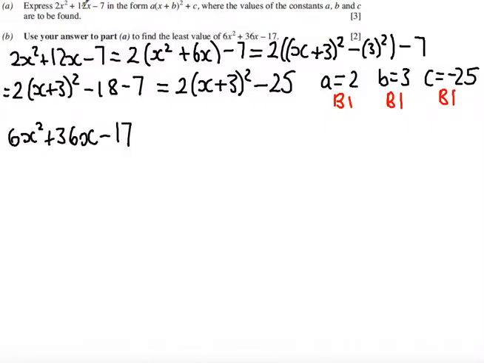So if I had 3 times 2x squared, I get 6x squared. If I had 3 times 12x, I get 36x. If I had 3 times minus 7, I'd have minus 21 though.